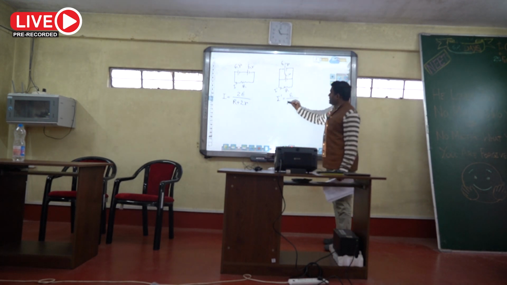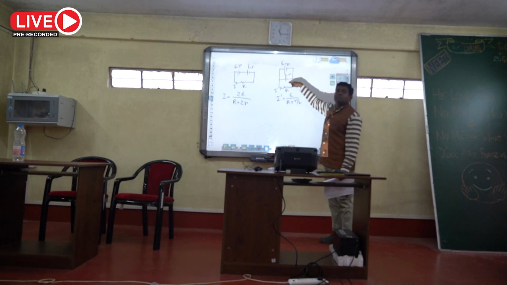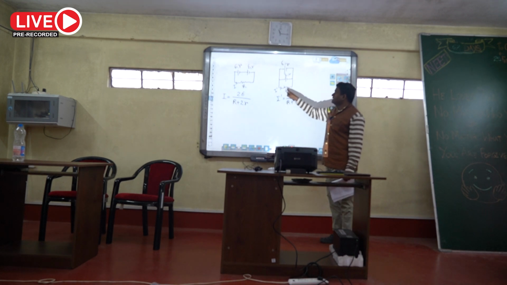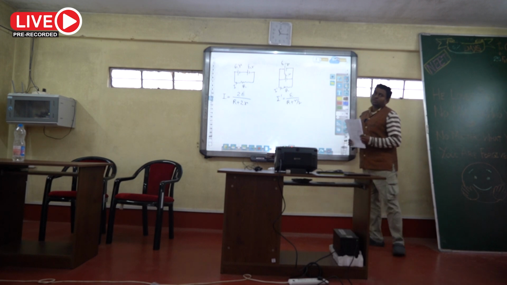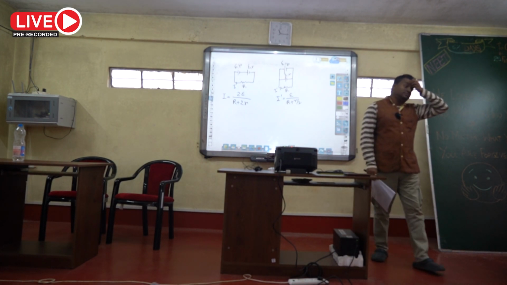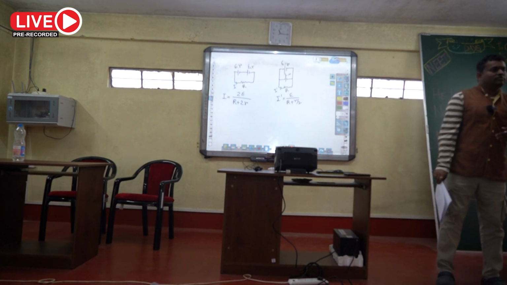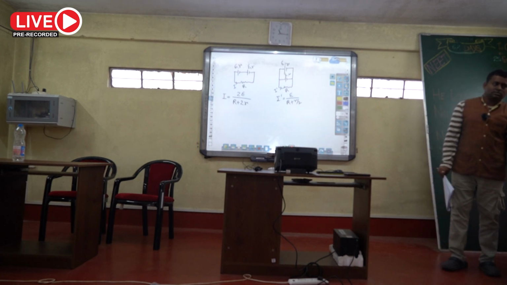Internal resistance will be r by 2, because these two are connected in parallel. Their equivalent will be r by 2, and that r by 2 is connected in series with this external. Now put the values and find r. E will be there. If you divide, E will cancel. You can find r.